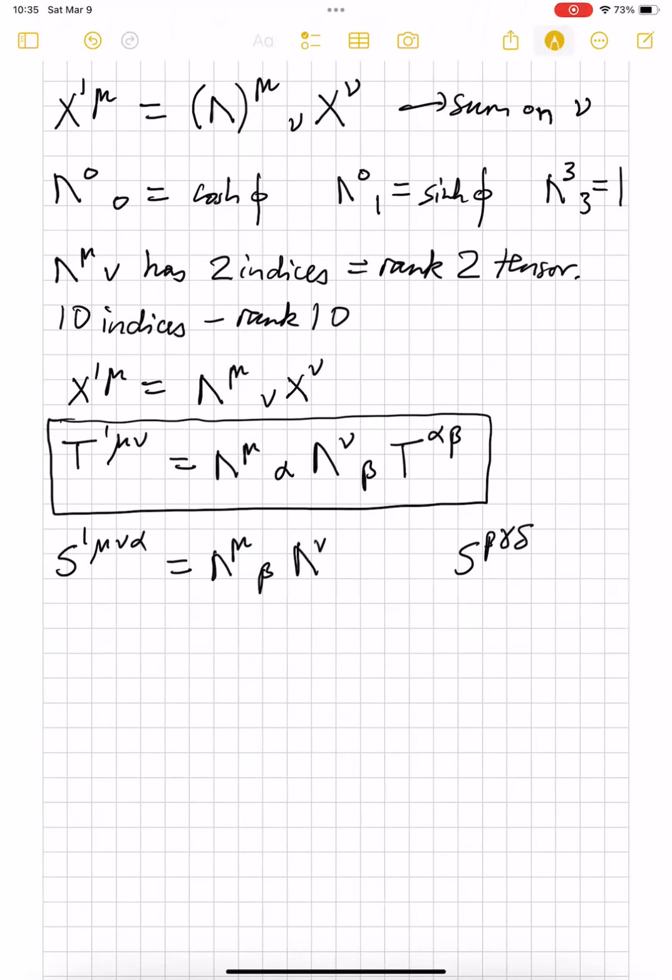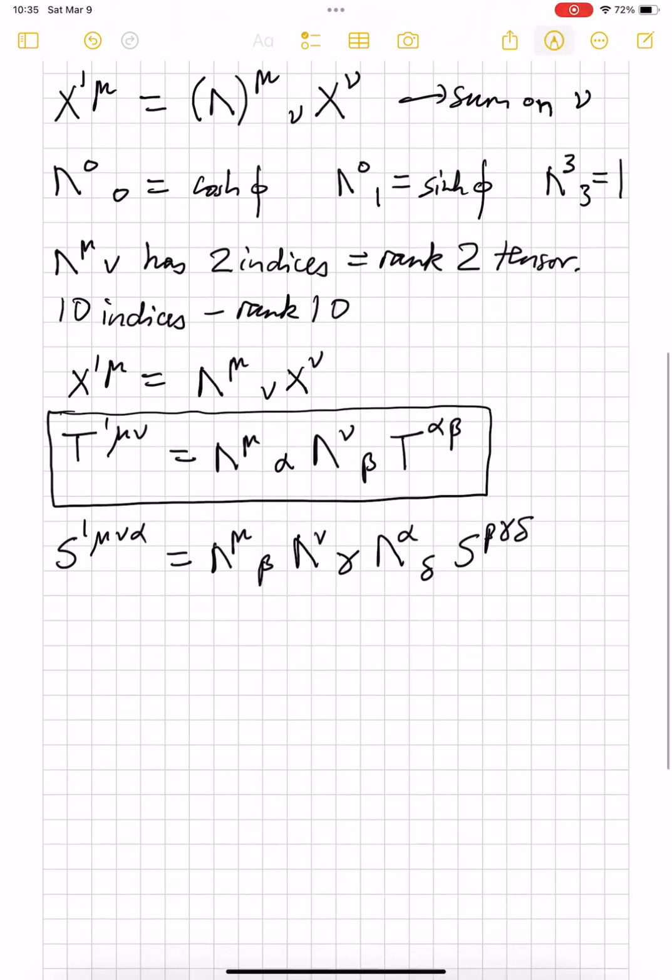Lambda nu, the second index came from gamma. Lambda alpha, the third index came from delta. So if that's the transformation law that you wrote down, then you got it perfectly correct. This is how this rank 3 contravariant tensor would transform.